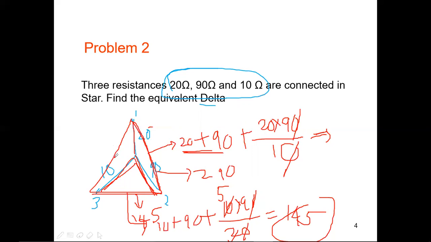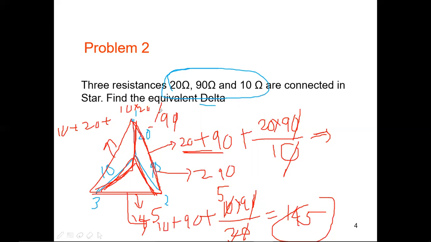Then what about this? This will be the sum of these two and the product of these two by the rest, this 90. Sum means 10 plus 20 plus 10 into 20 by 90.